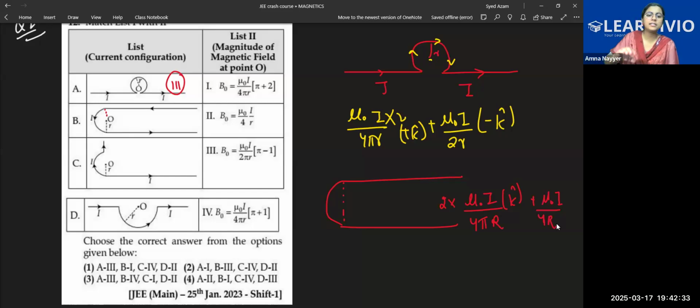For the semicircle, it is coming like this, so we curl the fingers like this, and the thumb is pointing outwards. So it is k cap. So plus, we are adding it. So pi plus 2 over pi. It should be the second one, first one. The matching part you can do later on.